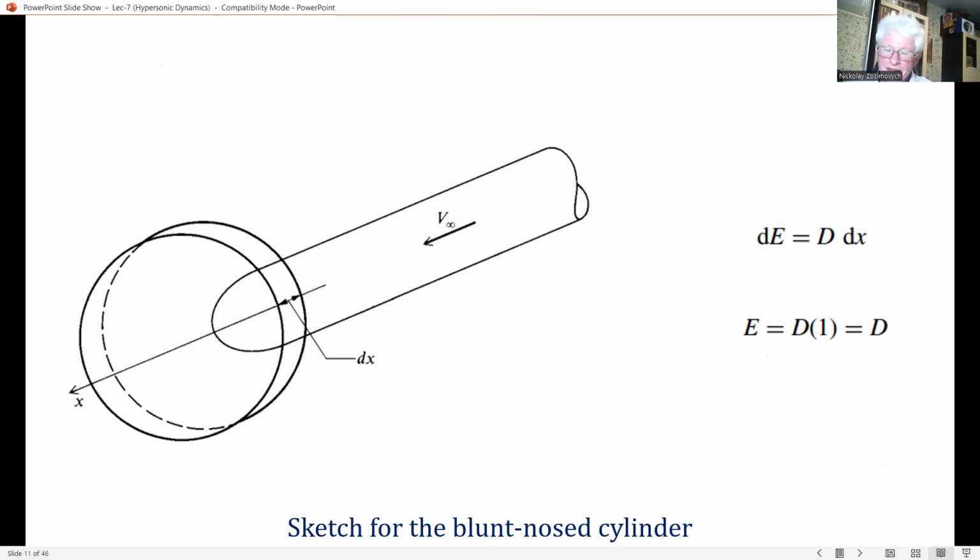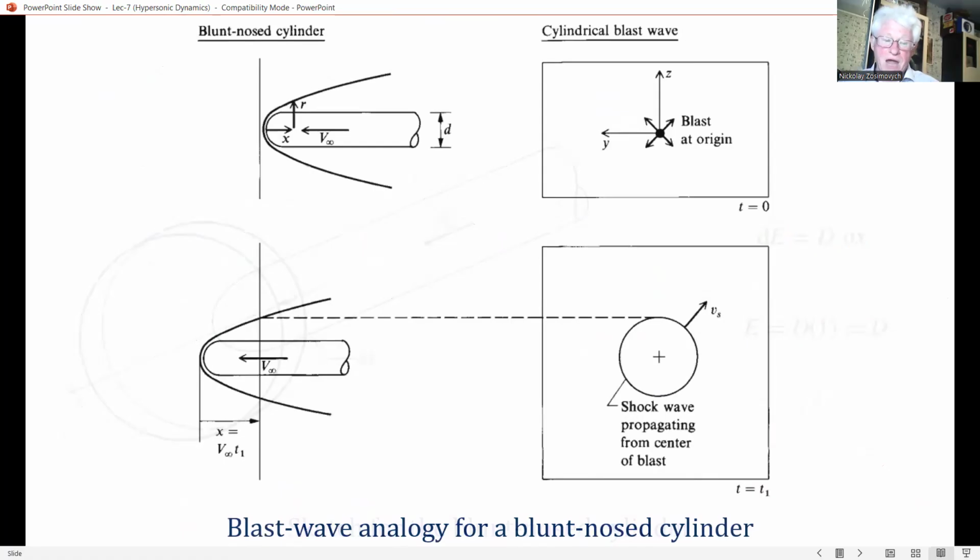Now, returning to the blunt nose cylinder as shown in this figure, we visualize that the blast at the origin shown at the right is in reality a blast concentrated along an infinite line perpendicular to the page, and that is the energy release per unit length along this line.